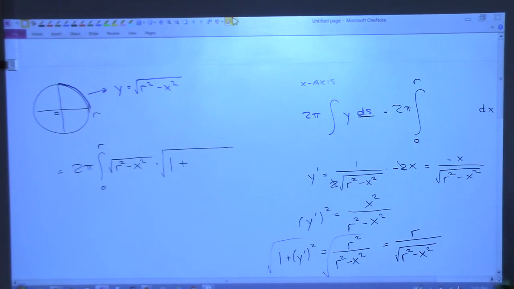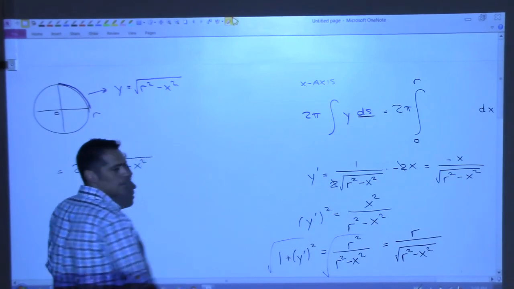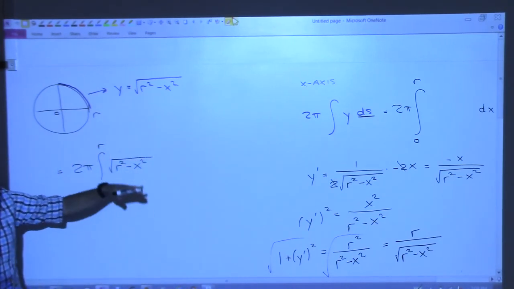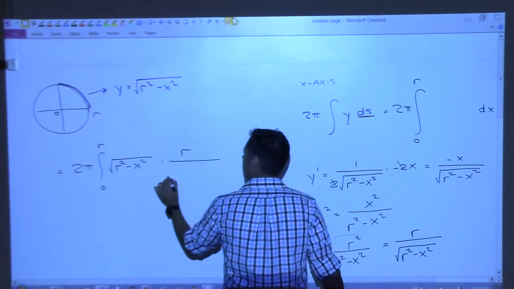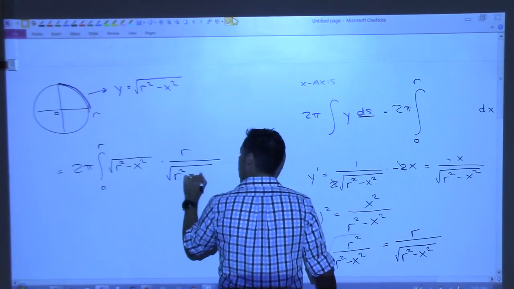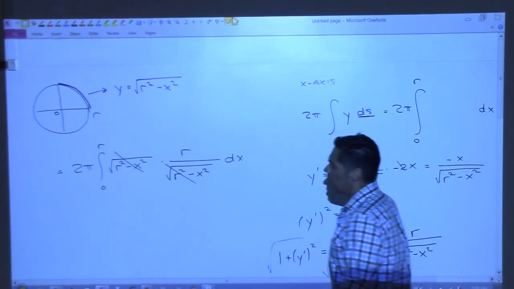Isn't that nice? Am I moving too fast? You'll get the build up on that? And so this is going to be r square root of r squared minus x squared dx. Cancel, cancel. R is a constant.